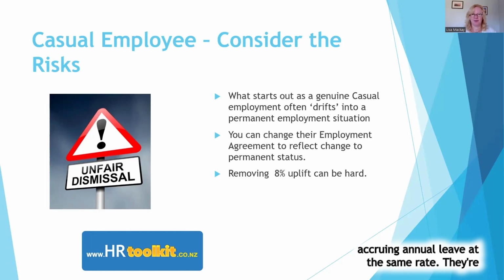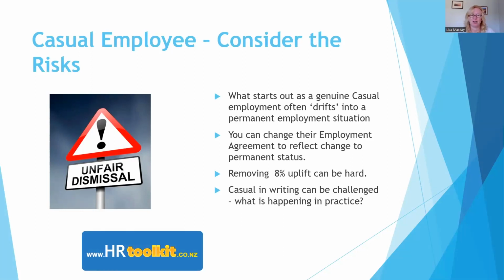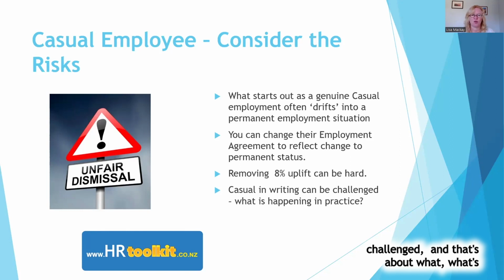They're not getting so much in their take-home pay, and that can be quite difficult for people to understand why they're getting less money in their pay packet. But the casual label in writing can be challenged, and that's about what's actually happening in practice.